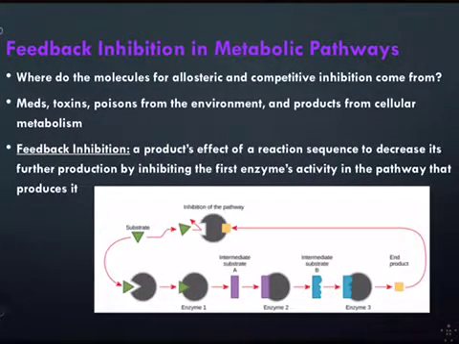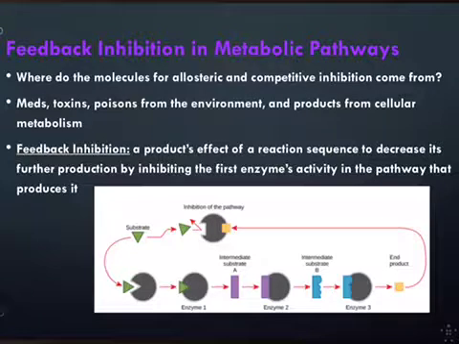Last thing is feedback inhibition. So where do the molecules for allosteric and competitive inhibition come from? Well, they can come from your prescription medication or your non-prescription medication. It can come from toxins and other poisons in the environment, but it can also come from products within your metabolic pathways.